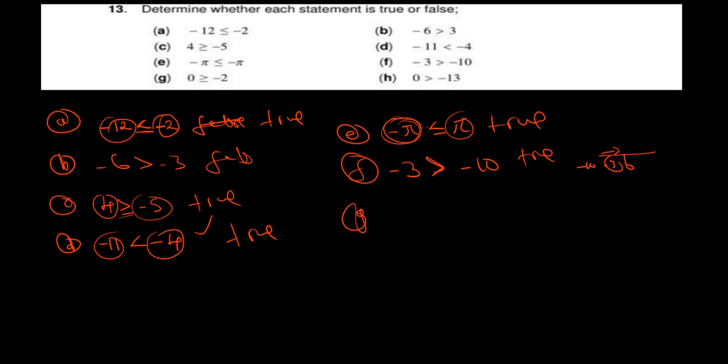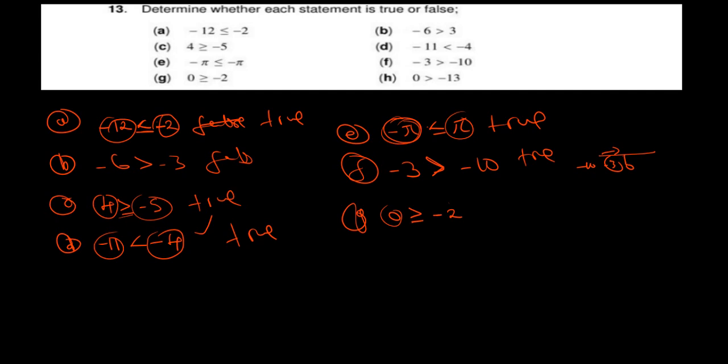Now G, 0 is greater than or equal to negative 2. Is this true? Yes, 0 is greater than negative 2.